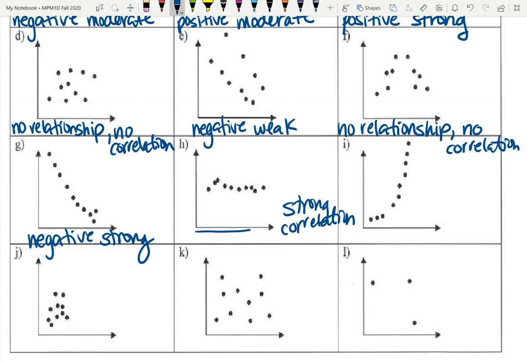As x increases, our y values are staying exactly the same. So there really isn't a relationship between the x and the y variables. The x variable doesn't seem to have an effect on the y variable. So I'm going to say that there's no relationship, but there is a strong correlation.